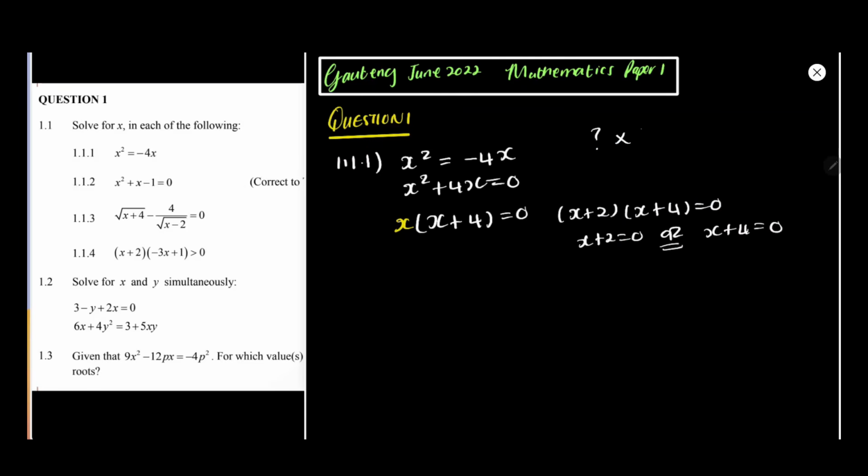So if you have something times something and it gives you 0, it means that either one of them must have been 0 in order for you to get a 0, because anything multiplied by 0 would give you 0, the same way 0 multiplied by anything would have given you 0. So we're saying that either one of them is equal to 0. That's why we're going to go ahead and say here x is either equal to 0 or x plus 4 is equal to 0, since they're being multiplied. And so here x is equal to 0 or x is equal to negative 4.